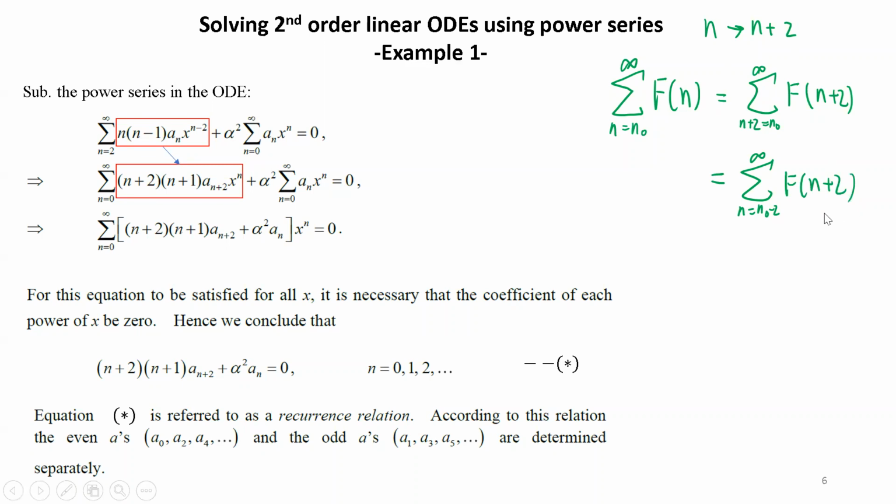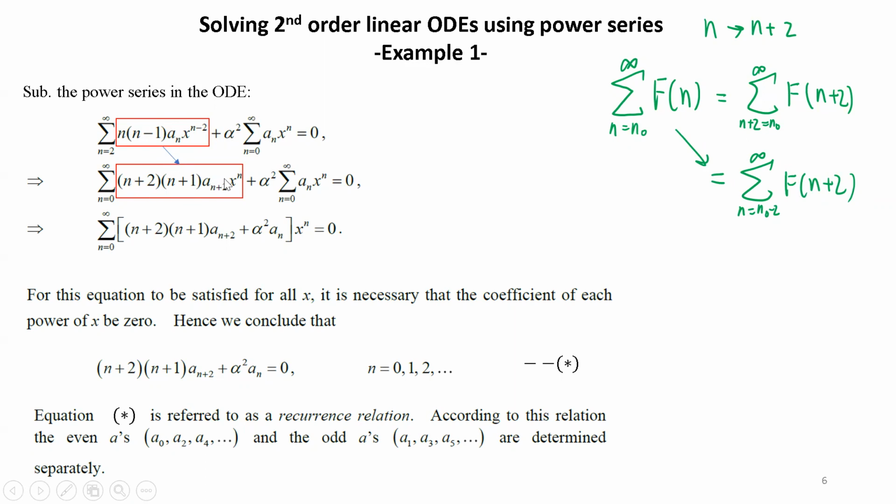Just make sure that you understand these three lines. The final result is that, so from here you can go to this last expression. And that is what we did from this line to this line.